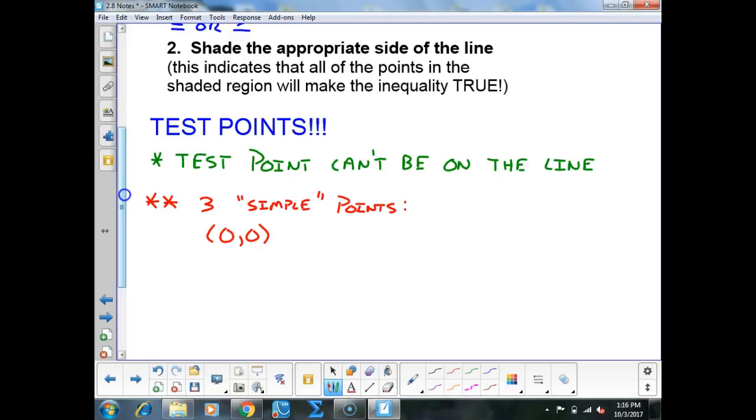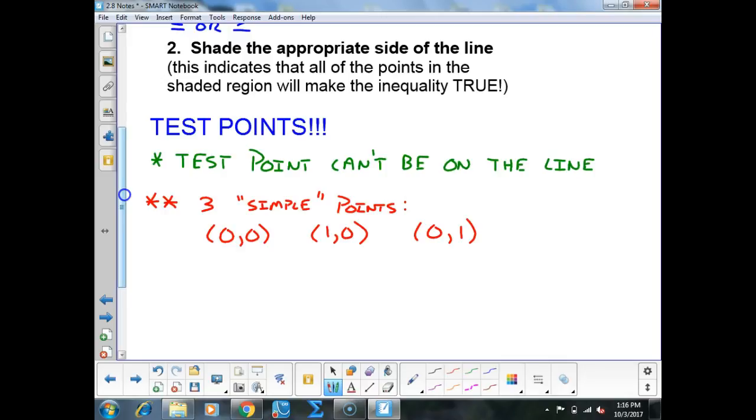Another one is going to be 1, 0. And your last one is going to be 0, 1. Your line or your V cannot go through all three of those at the same time. So one of those three is probably going to be your best test point.